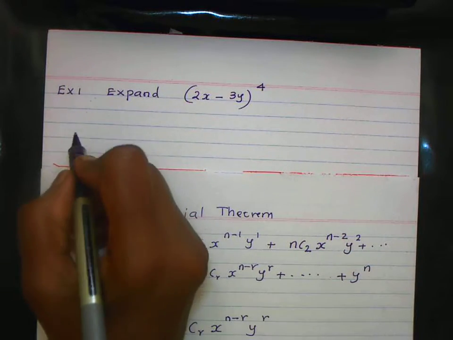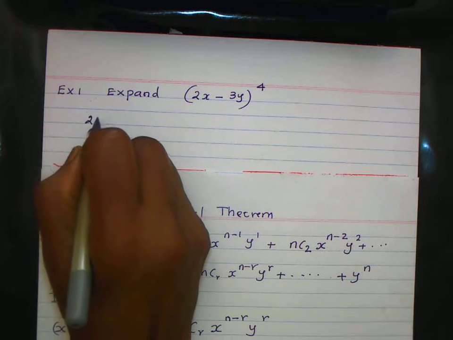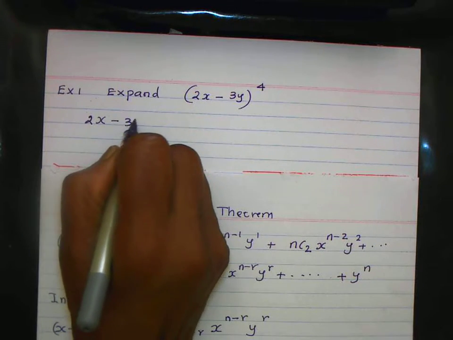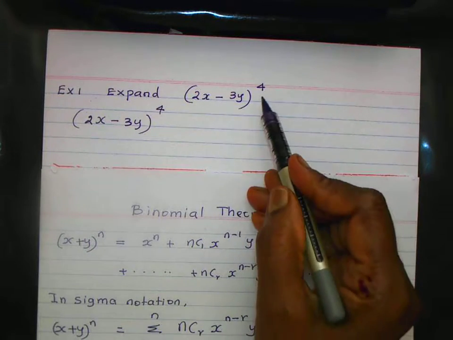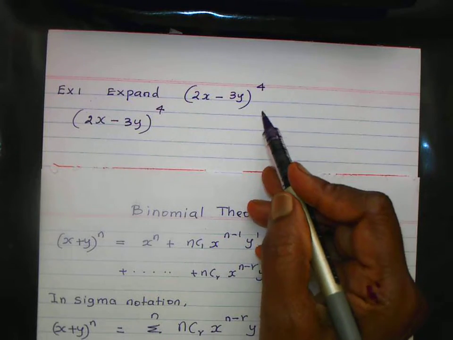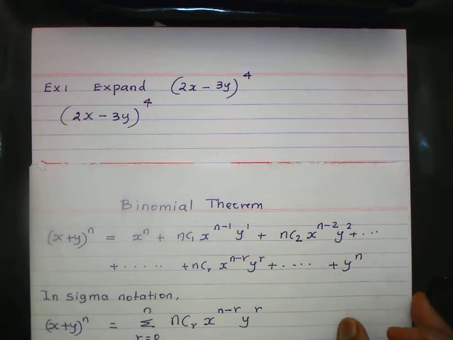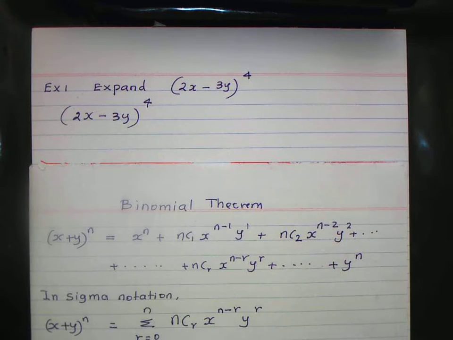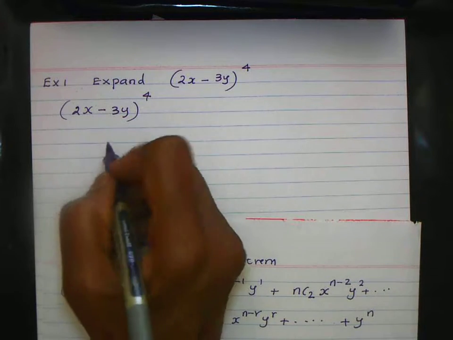Now we are going to use that theorem. So we are going to say (2x minus 3y) to the power 4. Now we notice the power is 4. That means we are expected to have 5 terms. And in each term, the powers of the first and the second term should add up to 4. We'll see how to do that.